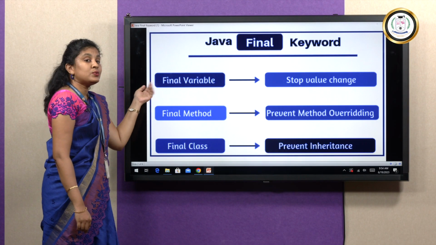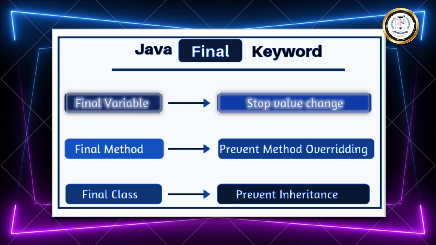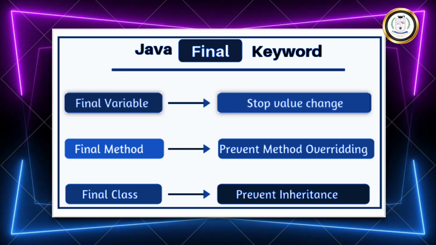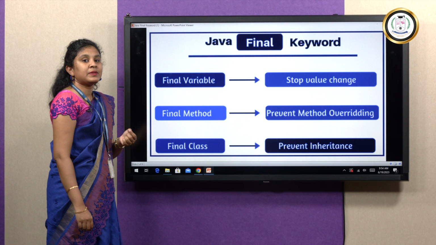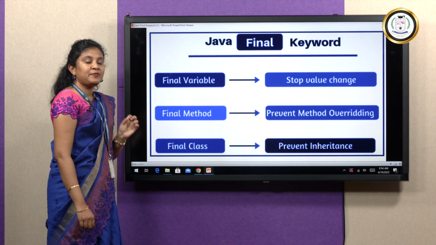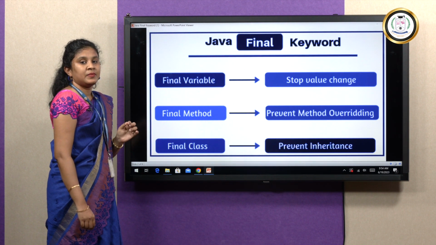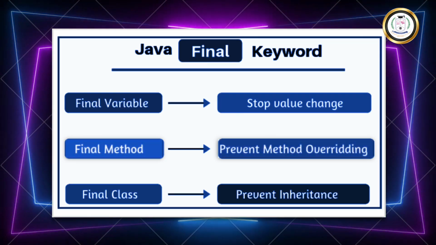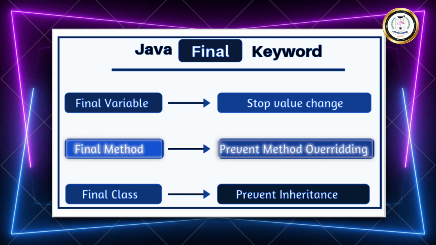Whenever you use it before a variable, the variable cannot be changed to any other value. It becomes a constant. The value present will be a fixed value for that particular variable. Whenever you use it before a method, you cannot override it anymore.